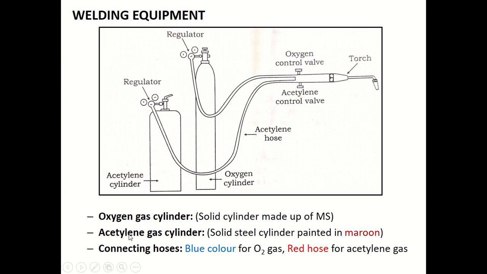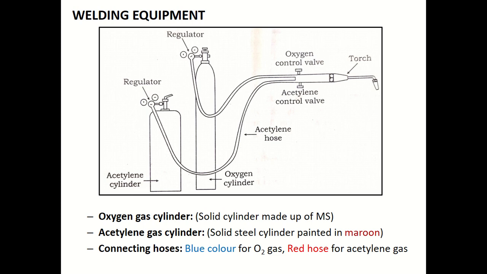Now, what is an acetylene gas cylinder? This is also a solid steel cylinder, painted in maroon color, and it is also always kept upright. This is actually due to safety reasons. In addition, there are several safety measures provided in the acetylene cylinder.